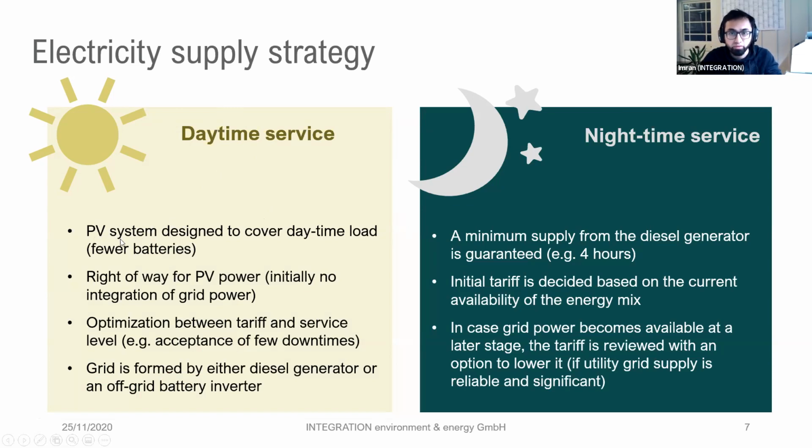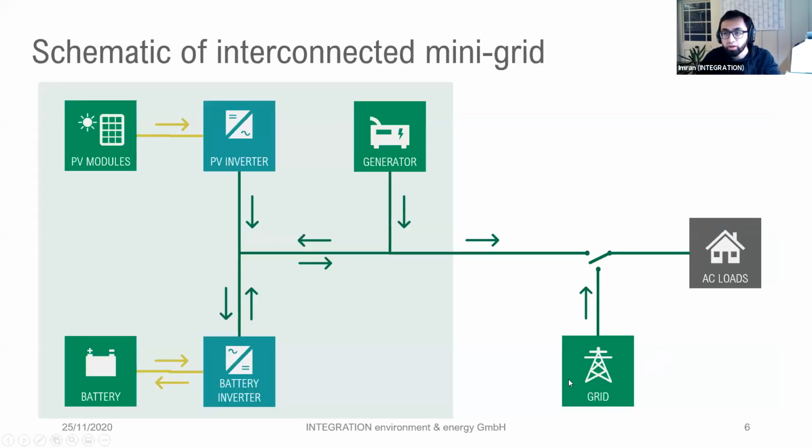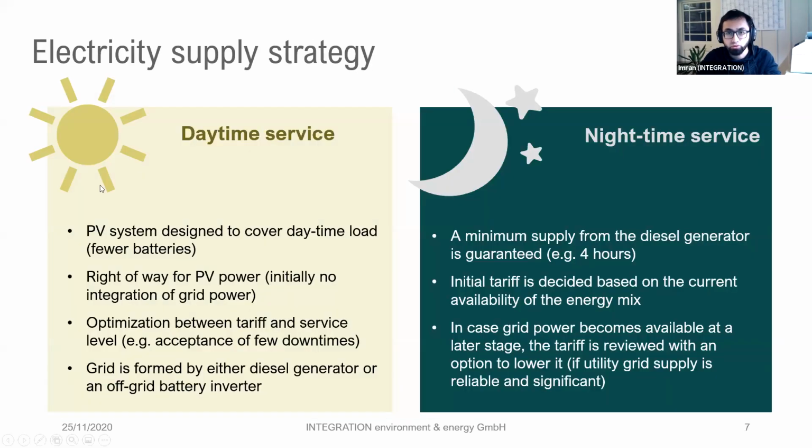So you will have PV-based systems where you will focus on meeting your day demand using PV and trying to reduce your cost on batteries, because you know that there is some level of grid supply potentially available. So you can discuss with the grid supplier to say, okay, I will make a system which caters for daytime supply using PV. I can save my cost on batteries, but then I would buy power from you during the night time. This is one strategy that we also see in Nigeria, for example.